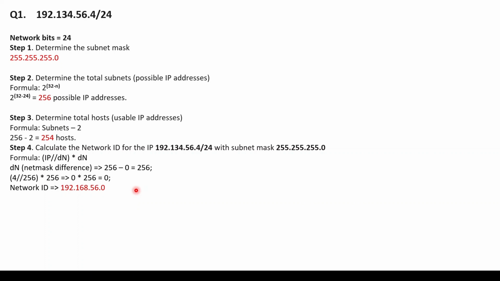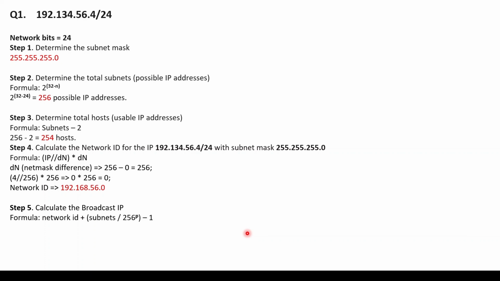Remember, after the network bits, the host bits begin, and the first IP address among the possible IP addresses is the network ID, which in this case is 0. So we substitute that into the whole IP address which was given. It's going to be 192.168.56.0.